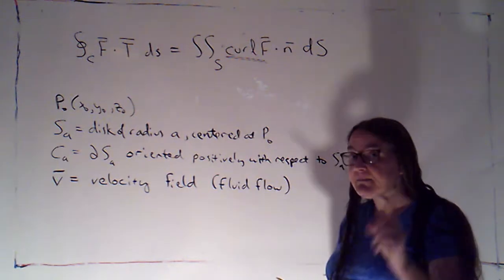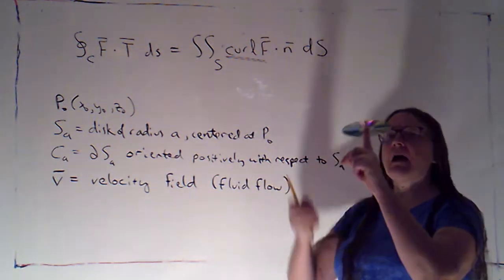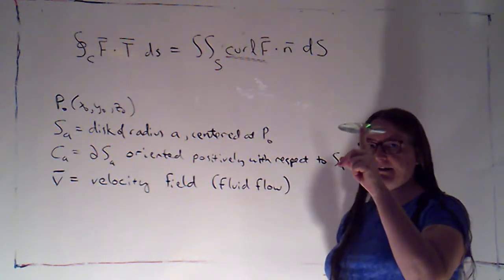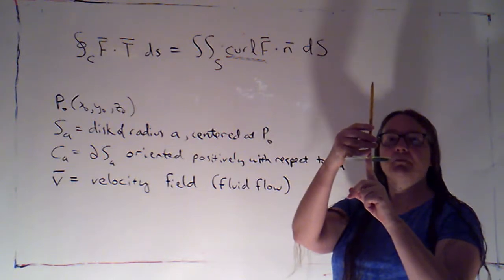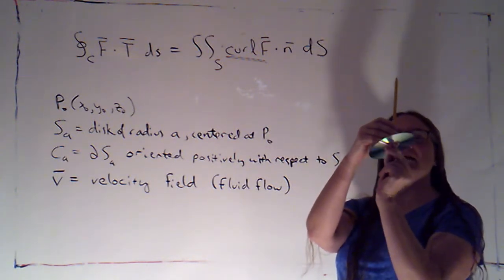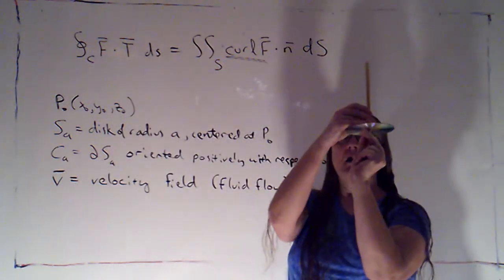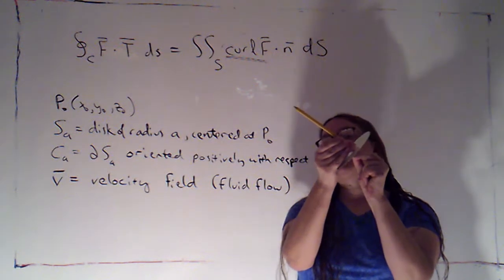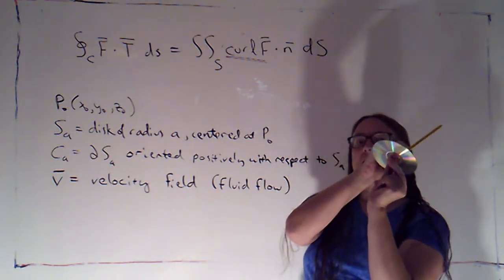What I'm not specifying is this: if the tip of my finger is the point P naught, I'm going to be putting the disk so that its center is there, and I'm going to let the pencil represent the normal vector. Now what I'm not specifying is how I'm orienting the disk. I'm not going to move it to a different location, but I could orient it this way, this way, or this way.